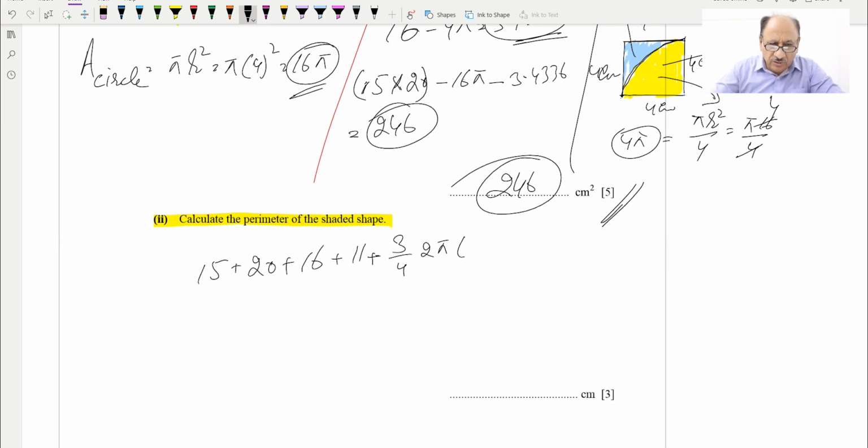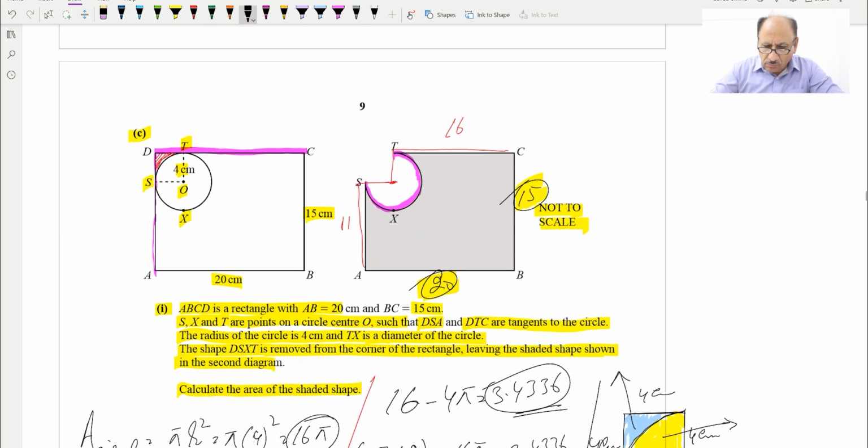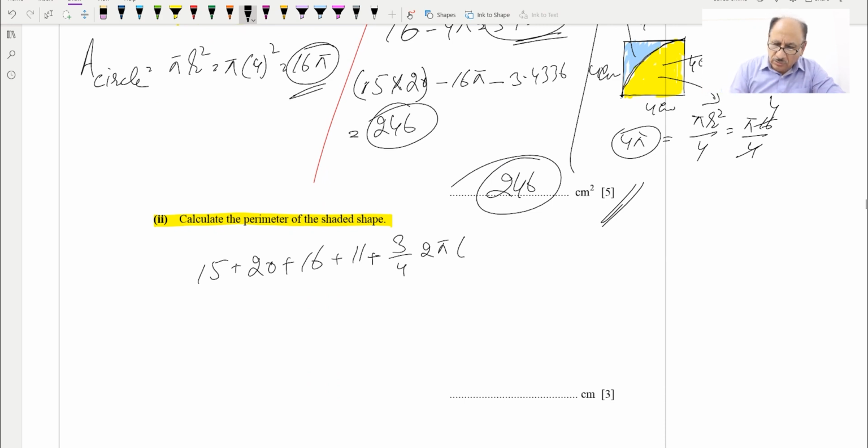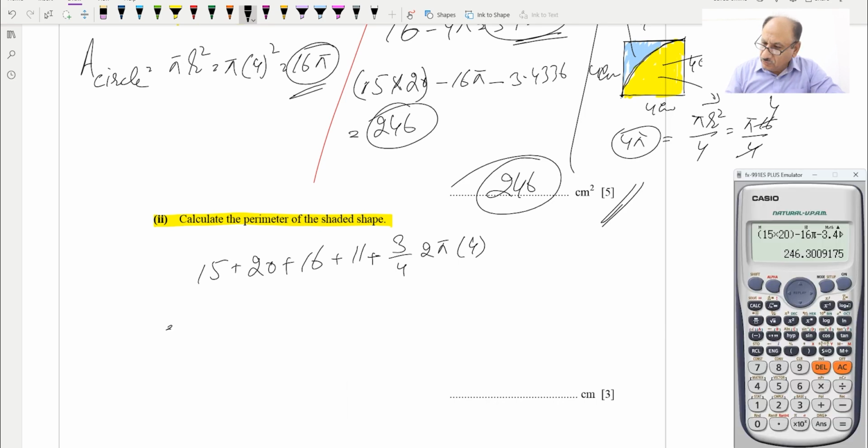The radius will be 4. So we can write this, if we add this all, this will be equal to 15 plus 20 plus 16 plus 11 plus 3 over 4 into 2 pi into 4 as well, and this is equal to 80.849.